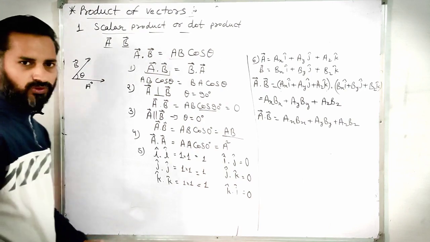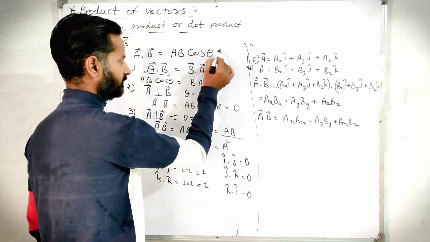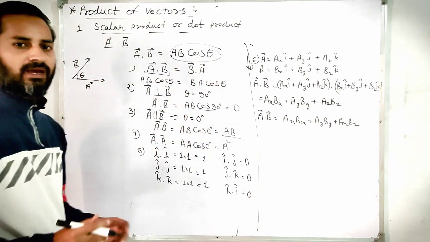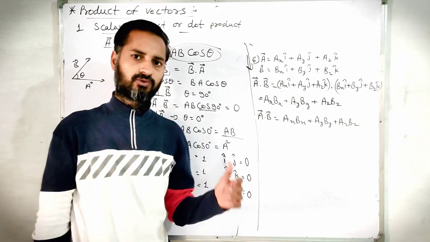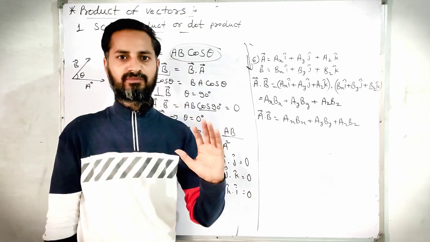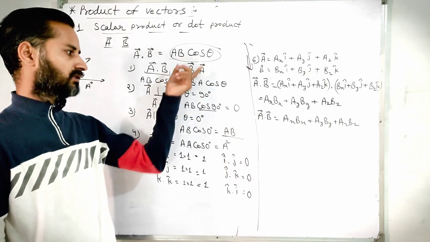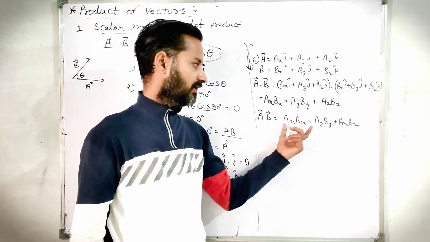We have two types of multiplication. First one is this and second one is this. So when, between two vectors, the magnitudes of the vectors and the angle between them are given, then we will use this, and if the components of the two vectors are given, then we will use this product.